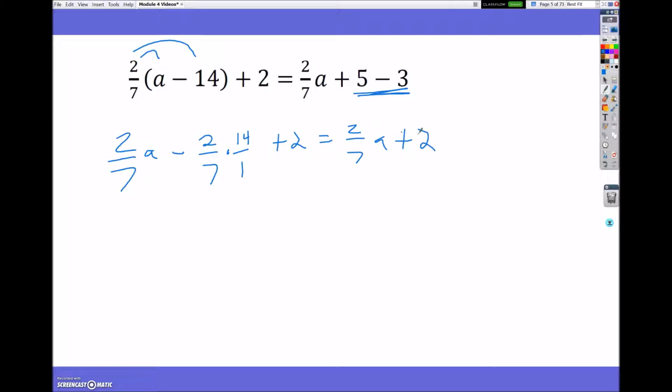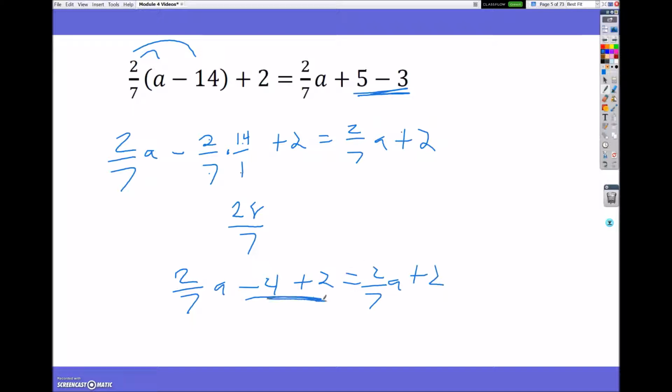So next what I'm going to do is simplify this a little bit more. 2 times 14 is 28. 7 times 1 is 7. And 28 over 7 is 4. So I'm going to have 2 over 7a minus 4 plus 2 is equal to 2 over 7a plus 2.